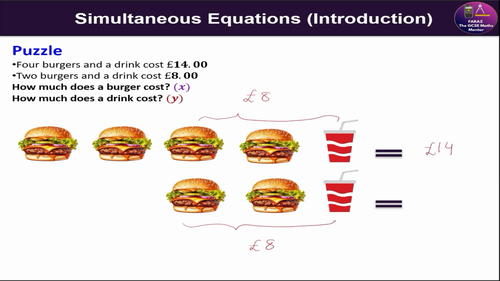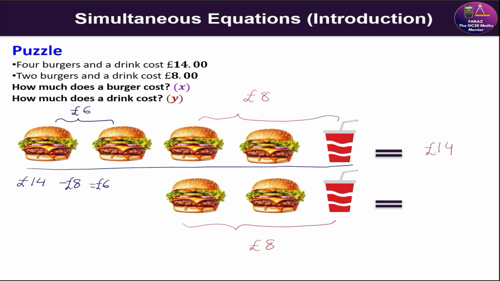Therefore, the complete combination is 14. 14 minus 8 would give you the price of 2 burgers. 14 pounds minus 8 is equal to 6 pounds. So therefore, if 2 burgers cost 6 pounds, 1 burger must cost 3 pounds.